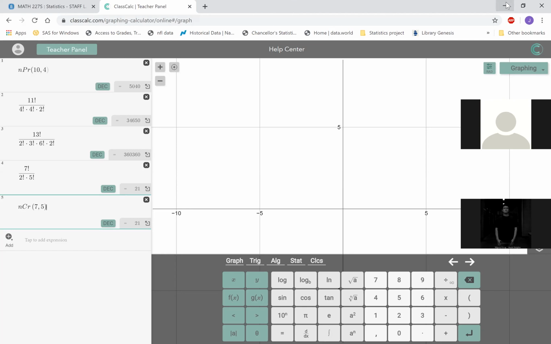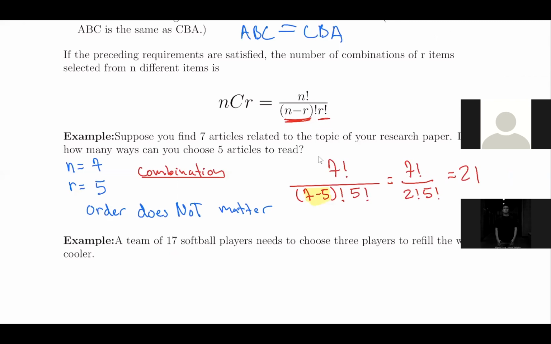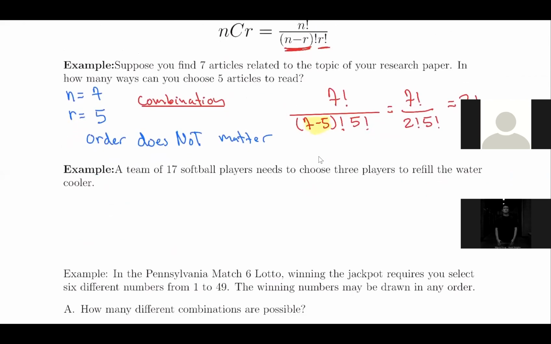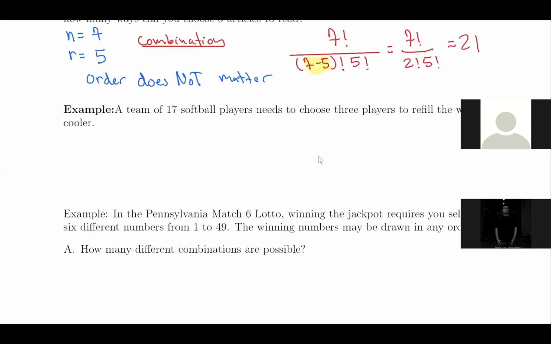All right, so let's go over that to the notes. For this one, it says a team of 17 softball players need to choose 3 players to refill the water cooler.